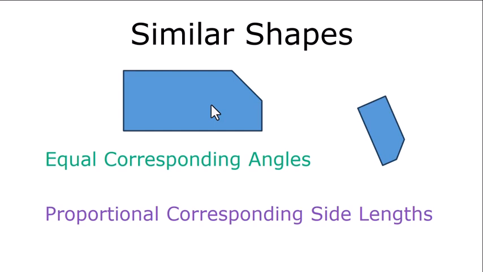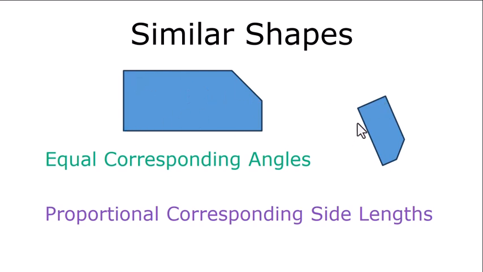The way you formally define similar shapes is that the corresponding angles must always be equal. This angle right here corresponds to this angle on the other shape, and both angle measurements have to be equal, which in this case they're both 90 degrees, so that works.